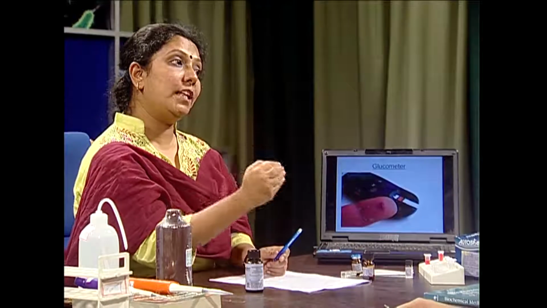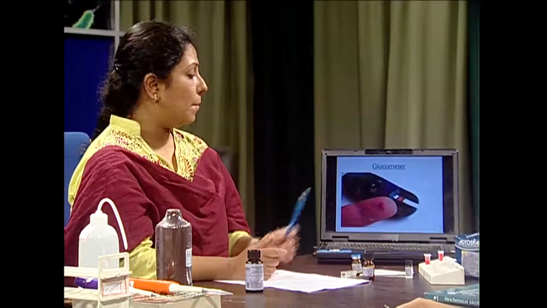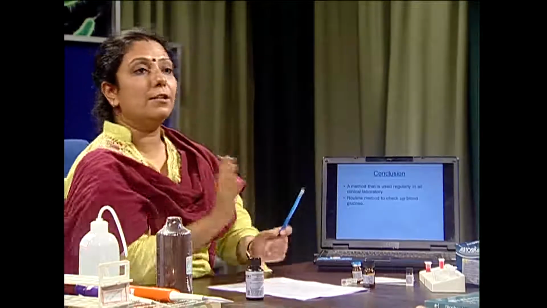You can see the strips are pre-immersed in the glucose oxidase peroxidase enzyme. By giving one drop of blood, it will change in color, right? And the extent of color change can give you an idea about the amount of glucose present in the bloodstream. So in conclusion, we can say this is a very rapid and routine method that is actually used in all clinical diagnostic laboratories.